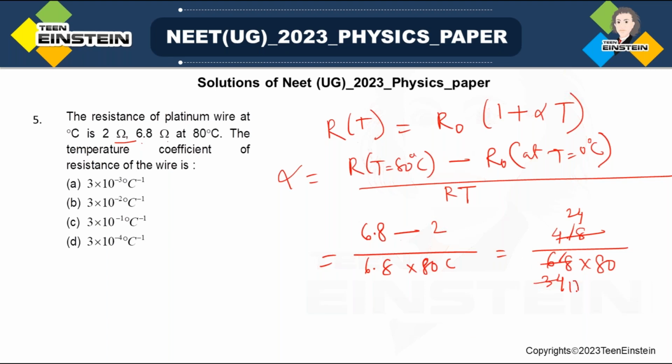This is 17, and this is 12, and 12, this 4 and 20. So anyway, if you just solve it, it will be around 3 into 10 to the power minus 2 per degree centigrade. This is per degree centigrade.